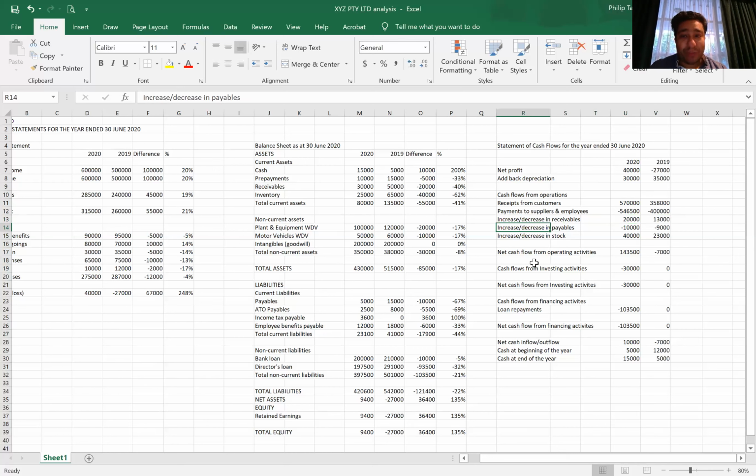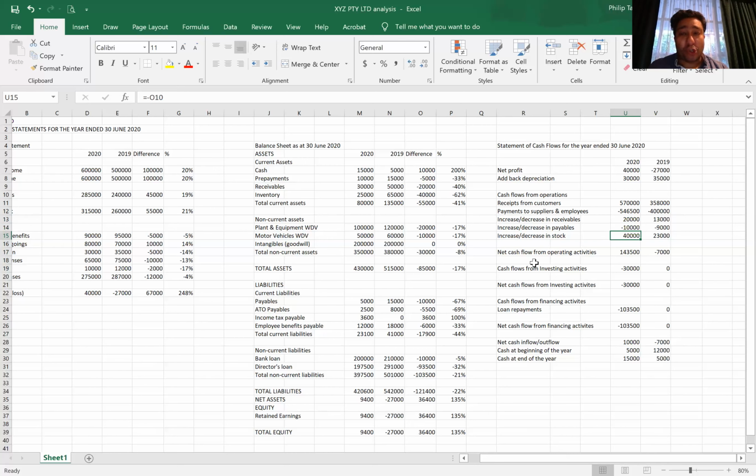Increase or decrease in payables. So an increase in payables is a positive figure because again, it provides more cash flow for your business, whereas a decrease in payables is a negative figure because it means that you have paid cash to your suppliers or to your creditors.